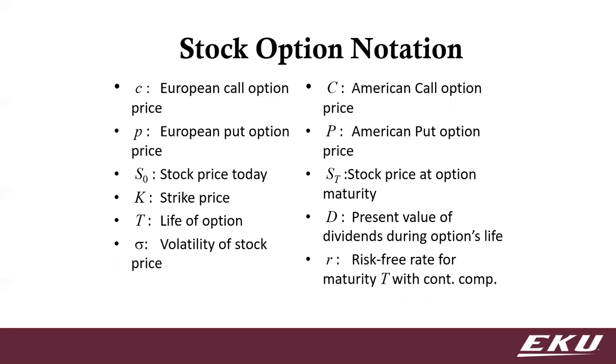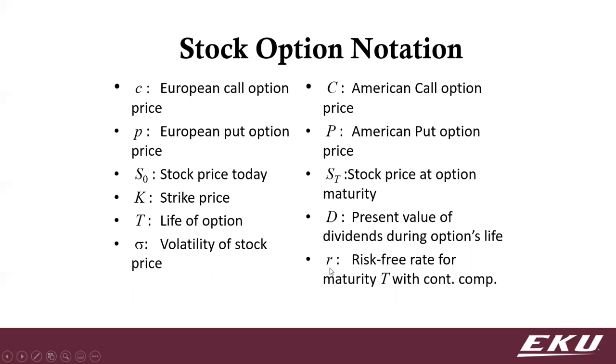So the more volatile the stock, the more likely it is that it could go to more extreme values, where if you have a stock that doesn't move very much, the price probably won't move very much in the future, right? And so if you think about stocks that are very in the money or out of the money, so they're very far away from the current price, the volatility of the stock will matter, right?